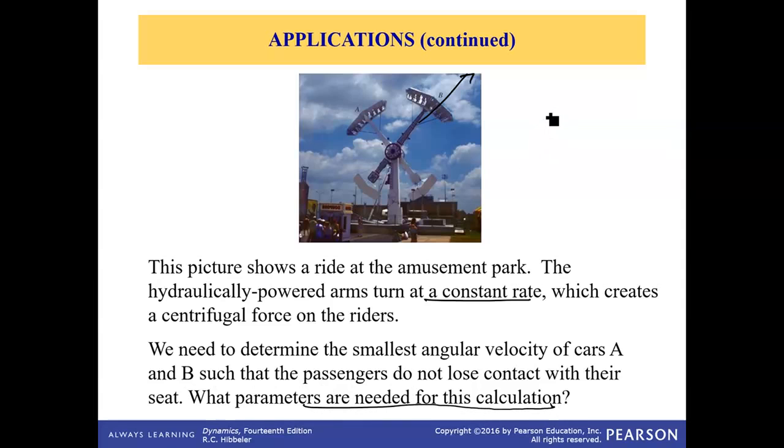We need to know the velocity of this amusement ride, the radius of curvature, and the weight of the passenger. Based on that we can apply the equation sigma Fn equal to m an along the normal direction and calculate the smallest angular velocity of the cars.